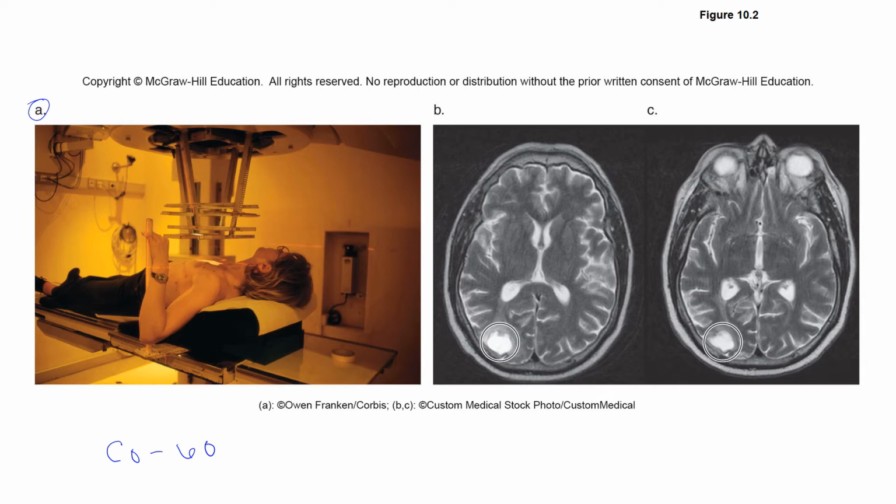And here we're seeing a scan. This first one shows the tumor in a brain after it has been treated with cobalt-60, which is a target for tumor cells. We can see after 6 months of this treatment that our tumor has decreased in size. So the therapy is considered effective. It's decreasing the size of the tumor using those high energy gamma emissions.